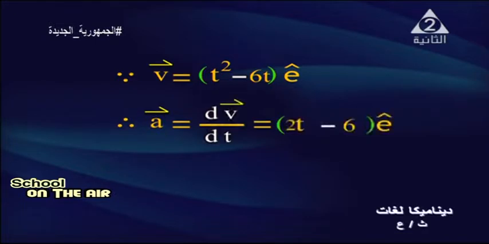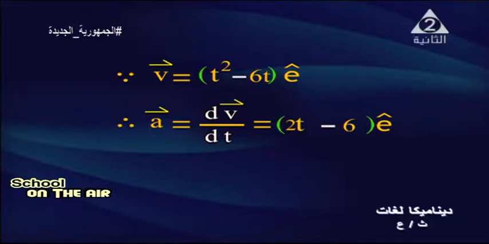Since v vector equals t power 2 minus 6t in direction e, then the acceleration a equals dv/dt. The derivative of t power 2 equals 2t, minus the derivative of 6t equals 6, in direction of e.